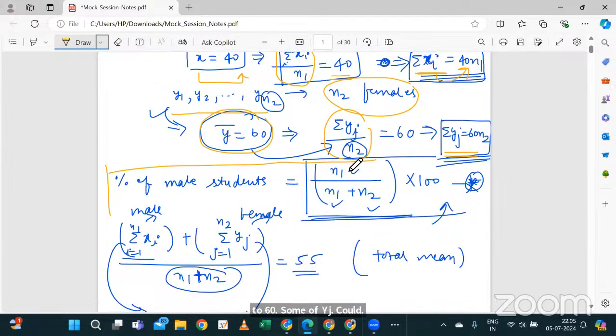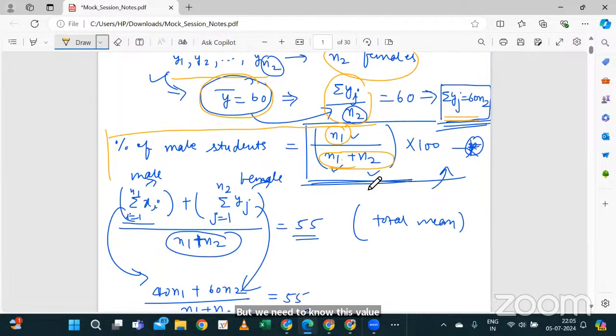The percentage will be n1 divided by n1 plus n2, that thing divided by total, into 100. But we need to know the values of n1 and n2. In the question, another thing is given: the total mean. Total mean means total of male and female divided by n1 plus n2.